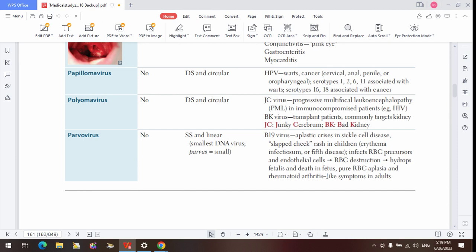So there's going to be stiffness of the joints, particularly the small joints of the hand. Then it can also affect the knee as well as the wrist. So the smaller joints of the hand and the wrist. So of course, because we are saying rheumatoid arthritis-like, we don't expect this one to be affecting which joint of the hand? Anybody?